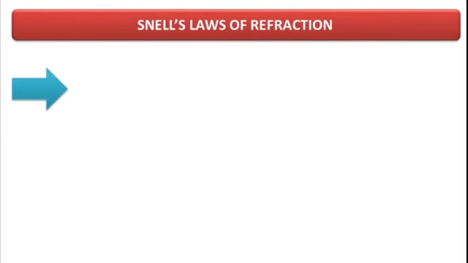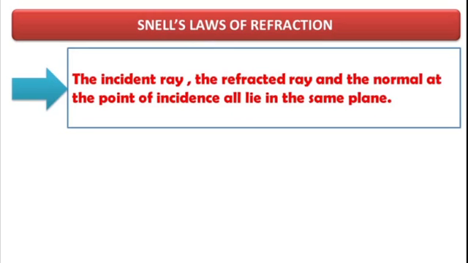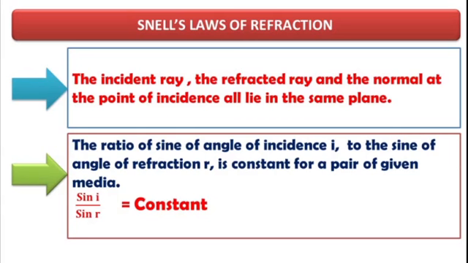Number one, the incident ray, the refracted ray and the normal at the point of incidence all lie in the same plane. Number two, the ratio of the sine of the angle of incidence I to the sine of the angle of refraction R is constant for a pair of given mediums. That is, sine I divided by sine R is equal to a constant.